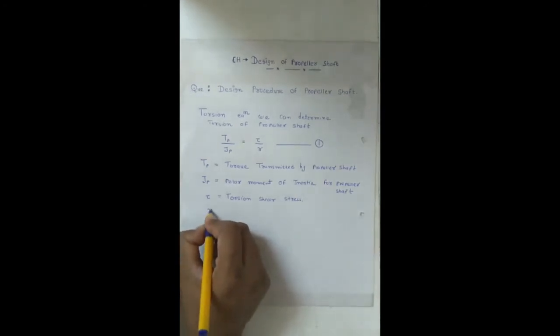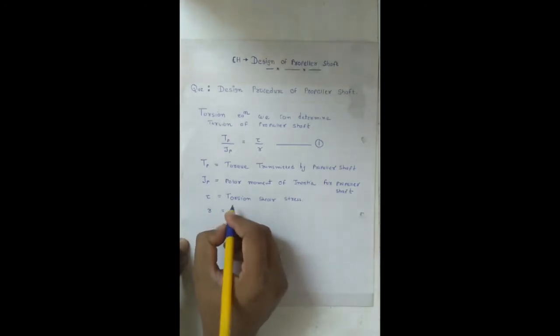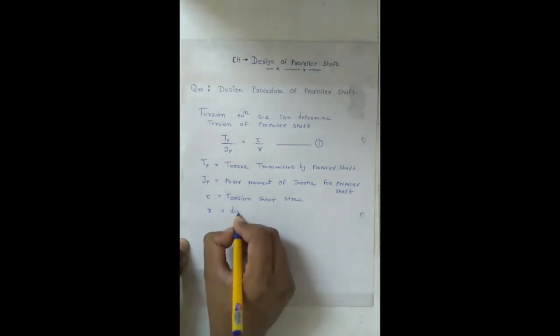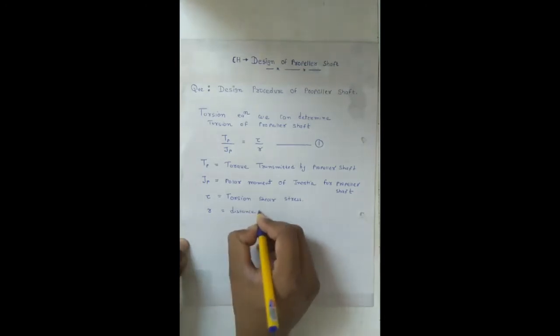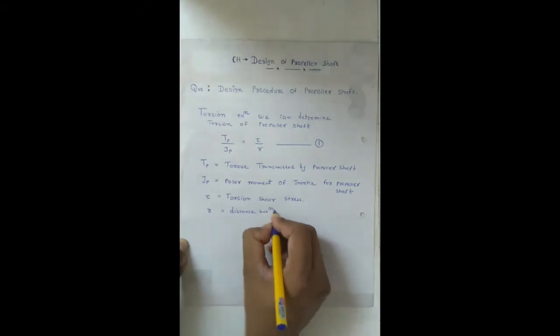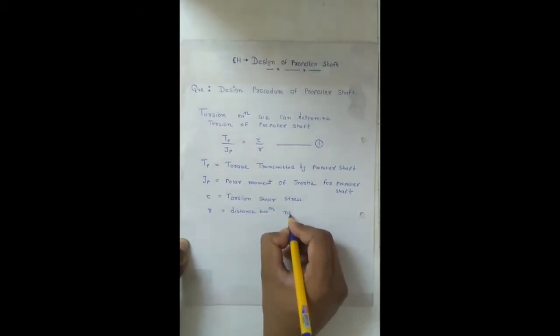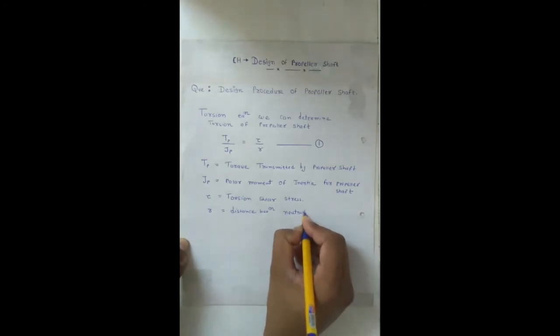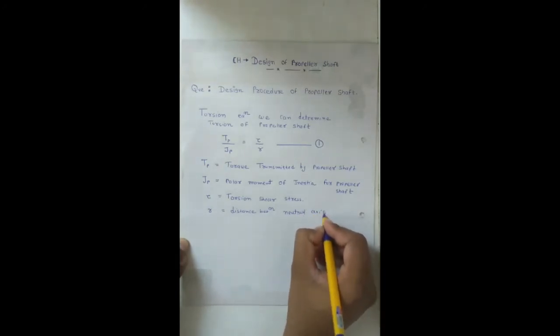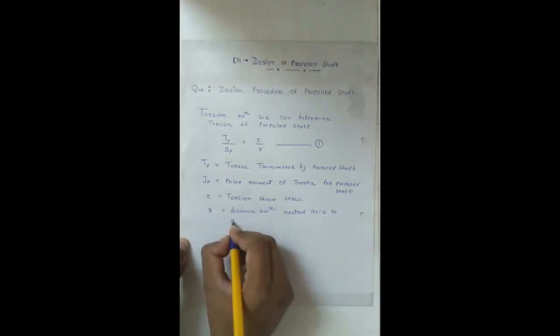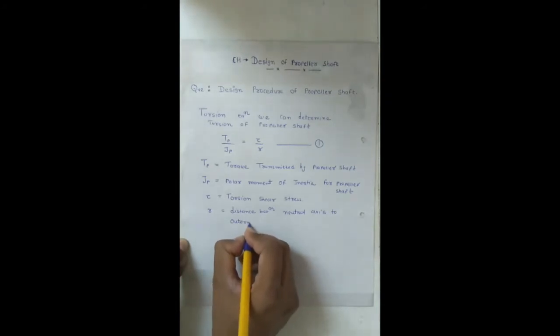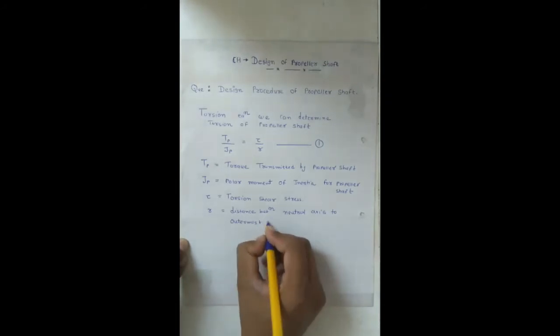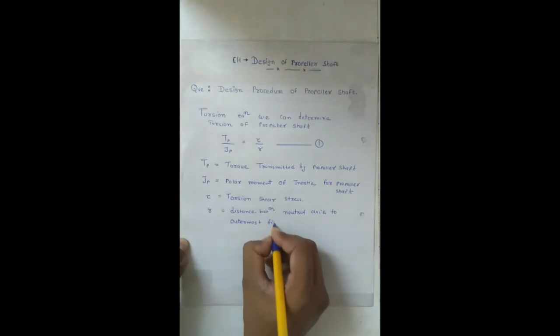R is equal to the distance between the neutral axis to the outermost fiber.